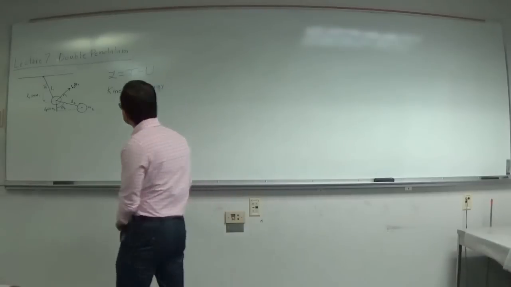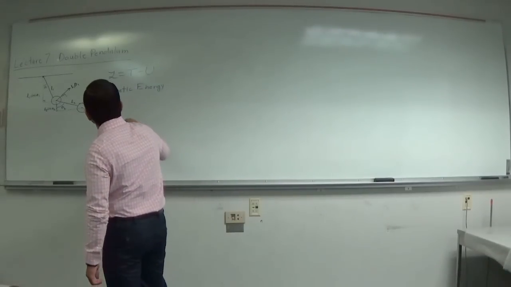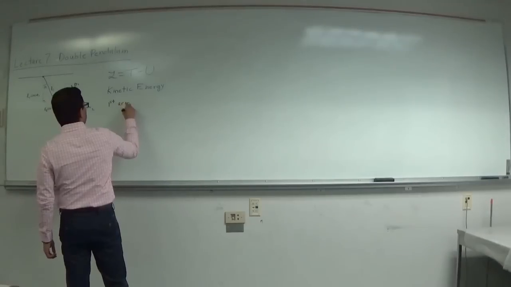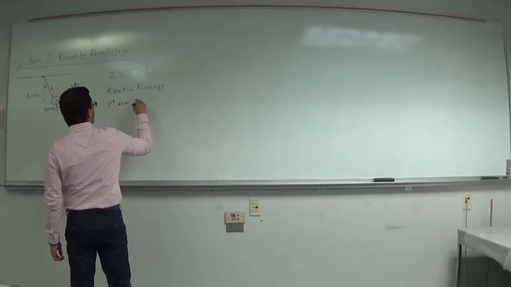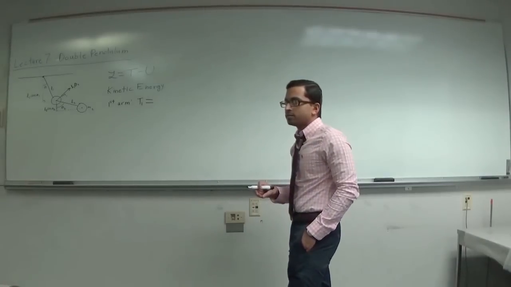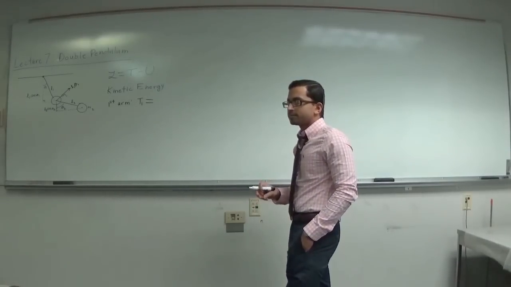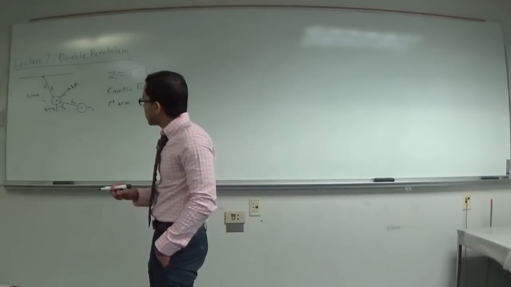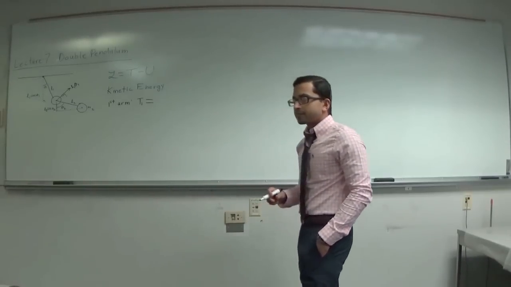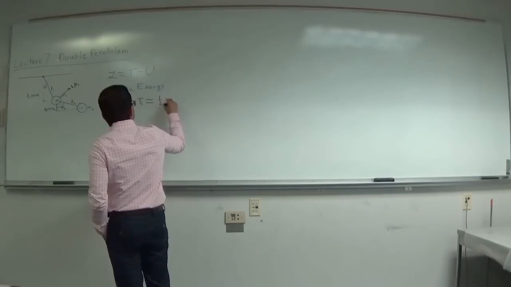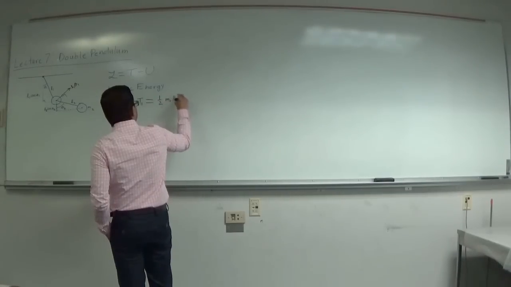So that's the first one. For the first arm, T1 is going to equal, we have the tangential velocity and we have the mass, 1/2 m1 times L1 theta 1 dot, squared, right?